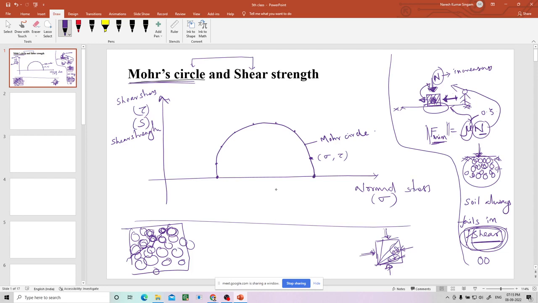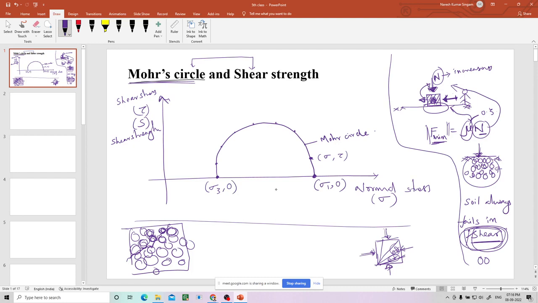Coming to here, normal stress is there, but tau is 0. Let us say sigma 1 comma 0, and here let us say sigma 3. Why sigma 1, sigma 3, I will tell you later. But let us say some value sigma here, and here also tau is 0.